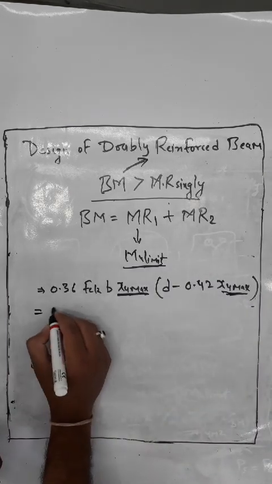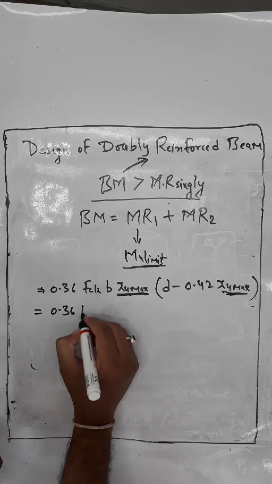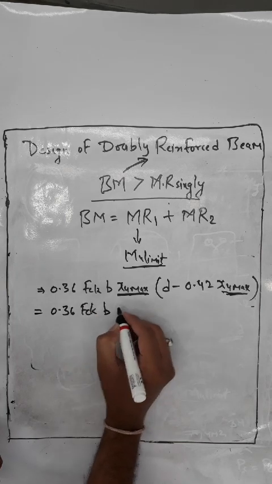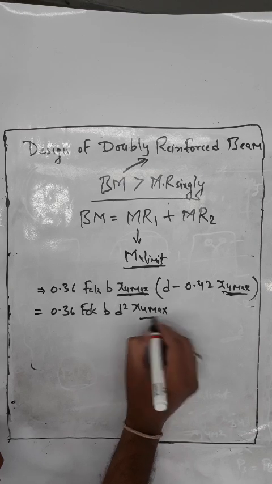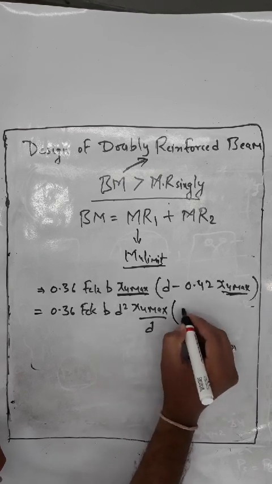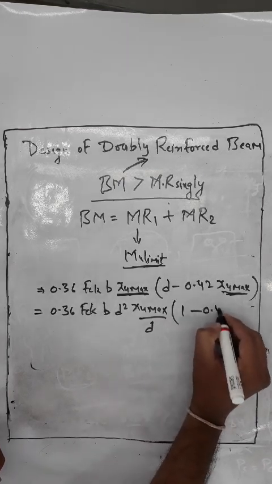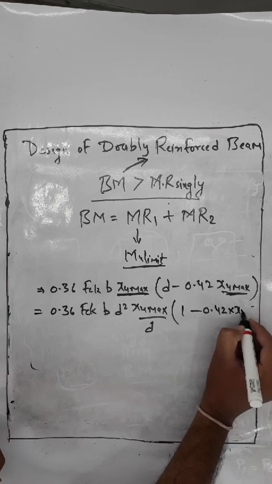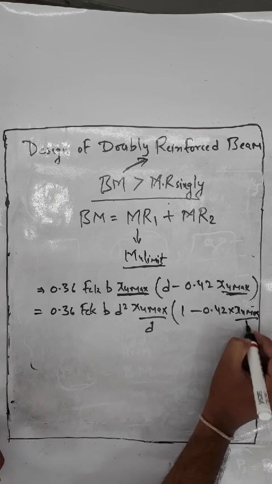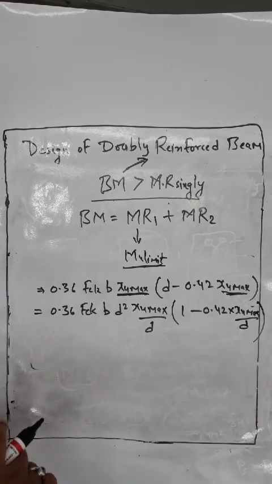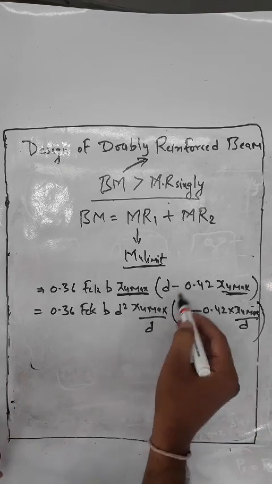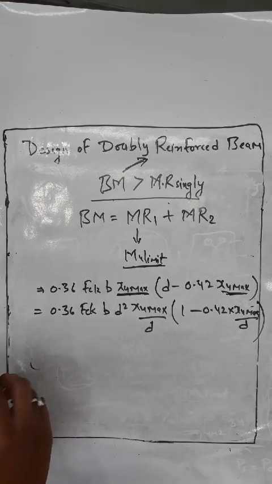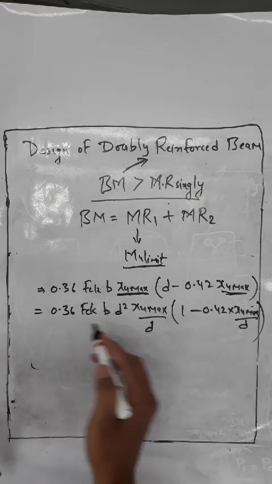Now we convert this formula into another form: 0.36 fck b d square (xu max upon d) times (1 minus 0.42 xu max upon d). How do we get this formula? Easy. We take this d from here and multiply it with d here, so we get this form.